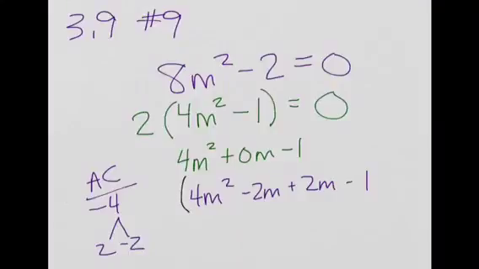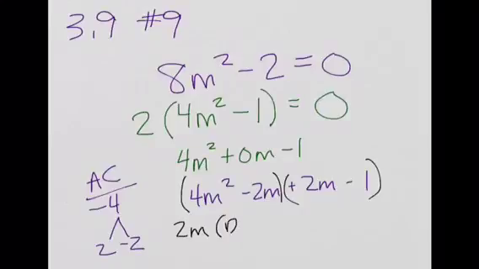I'm going to go ahead and do factor by grouping, and I'm going to get a 2m times 2m minus 1, because 2 divided by 2 is 1, m divided by m is 1, so I have to put a 1 there.